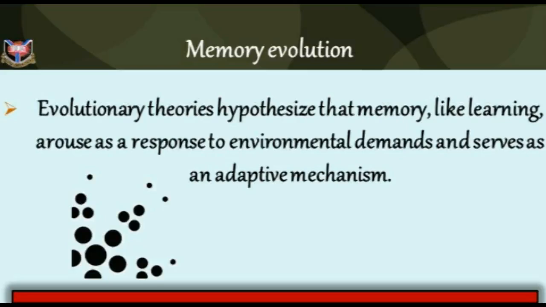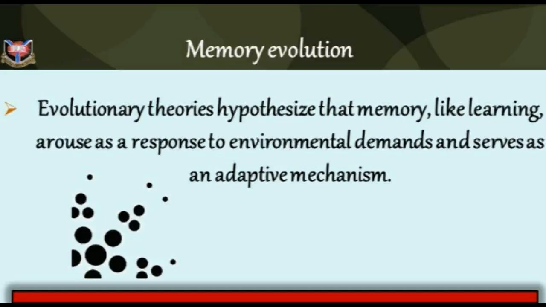Remembering the locations of food sources, the identity of a mate, and the association of certain stimuli with impending danger can be important to the survival of the species. It is for these reasons that evolution has favored those species that develop adequate memory functions.